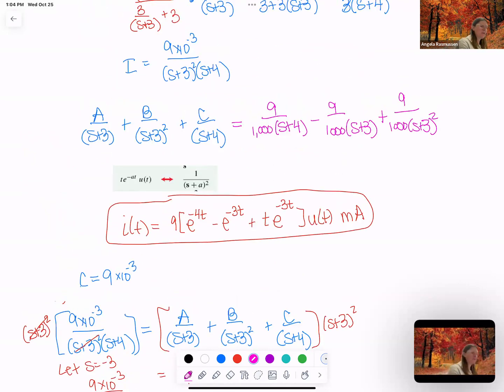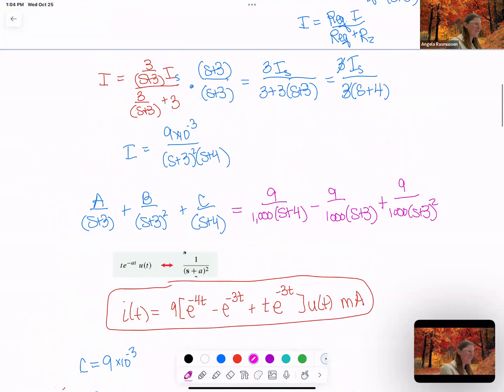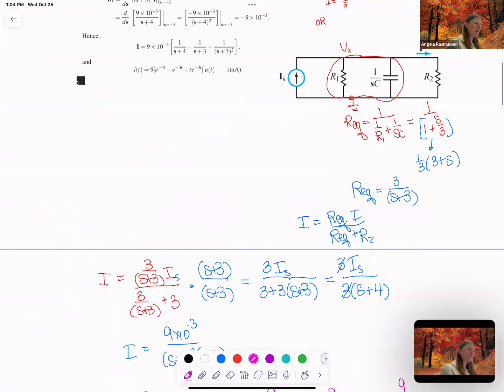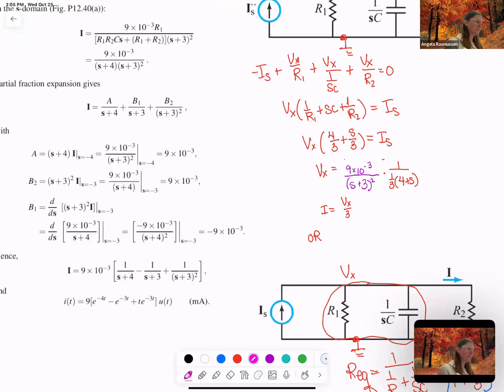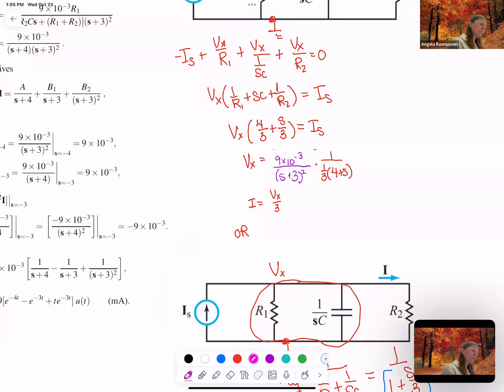Actually, keep this up. So my group did, we have I is equal to 27 times 10 to the negative 3 instead of 9 times 10 to the negative 3. Well, this 1/3 on the bottom comes up, so this one right here, I bring that up to the top, so that becomes 3 times 9. 7 times 10 to the minus 3.